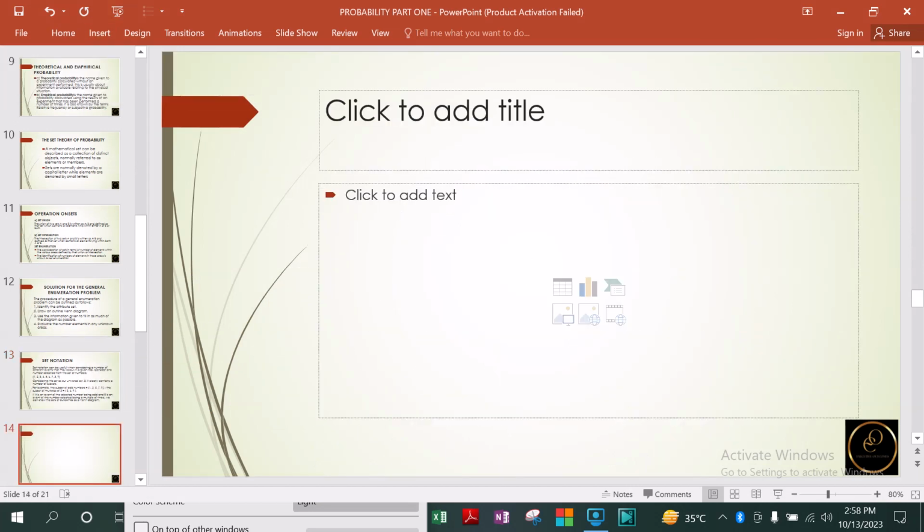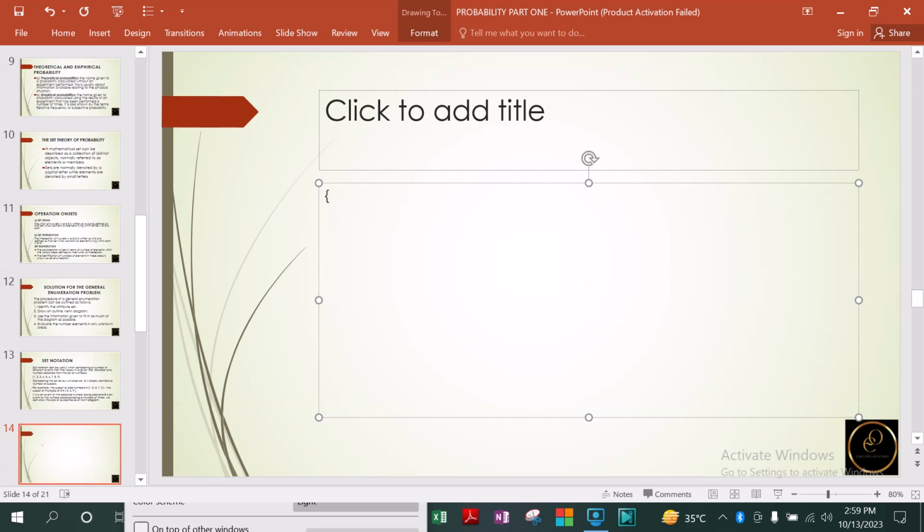So what we have is the universal set made up of 1, 2, 3, 4, 5, 6, 7, 8, 9.